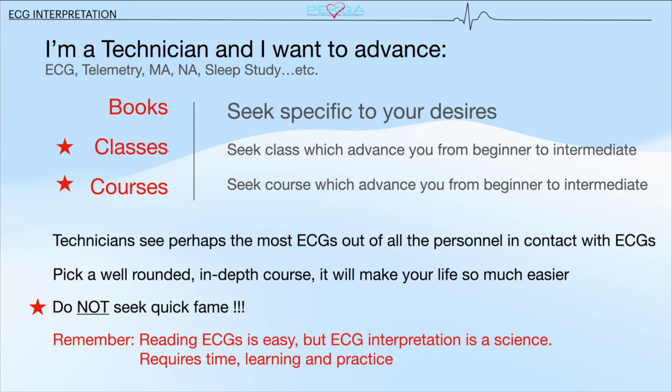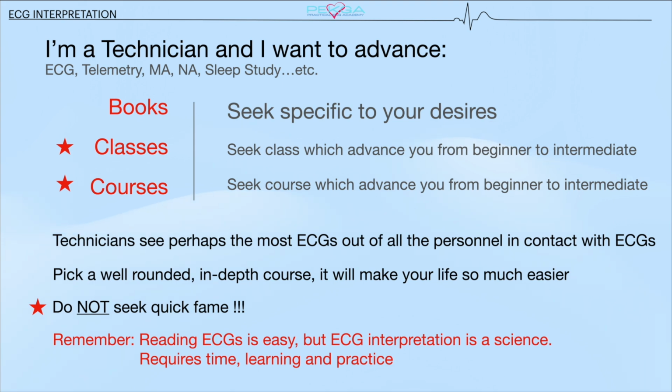Now, let's say you're a technician and you want to advance. Again, this comes up in every single category, and that's really what you have to work with out there. However, I'm discussing it specific to the category, right? So, in your case, if you're a technician, you can pick up some basic books, you can pick up some more advanced books, and you can kind of wrestle your way through them.